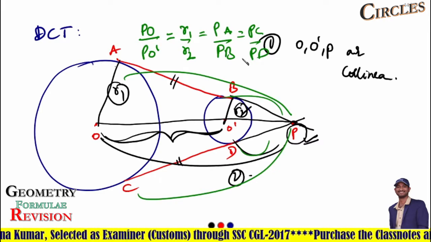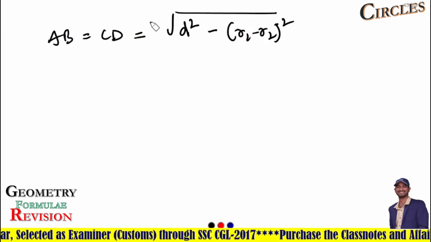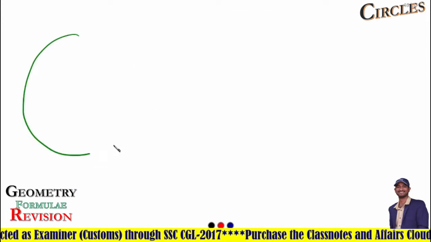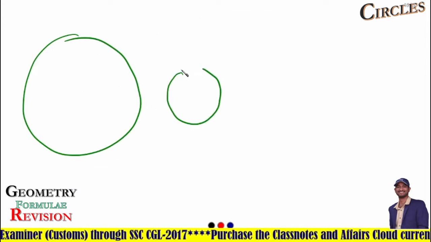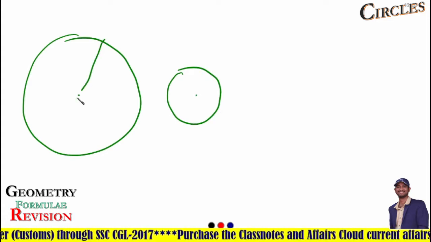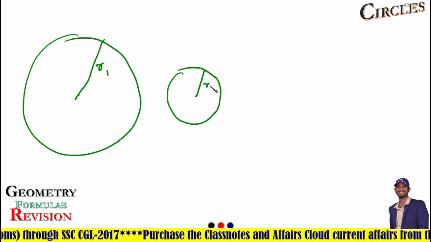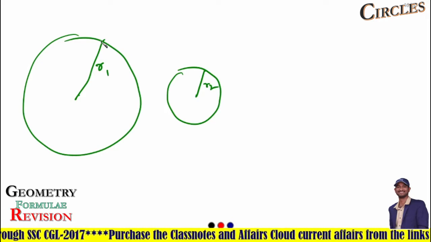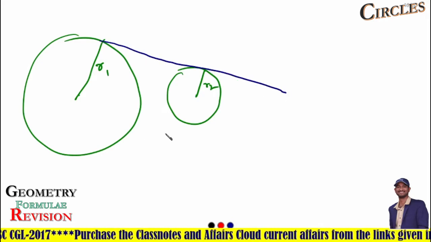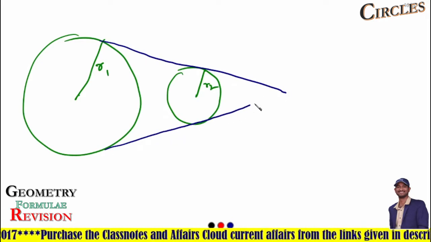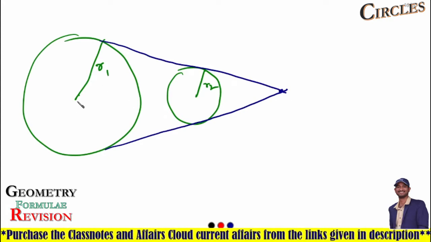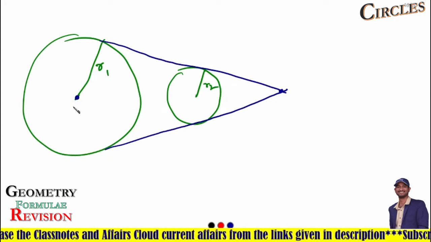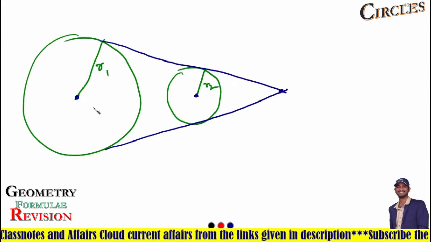Once again, I am drawing here. Suppose this is a circle and this is another circle. The radius is R1 and R2. Now I'll tell you 4 formulas. Both are very, very important.